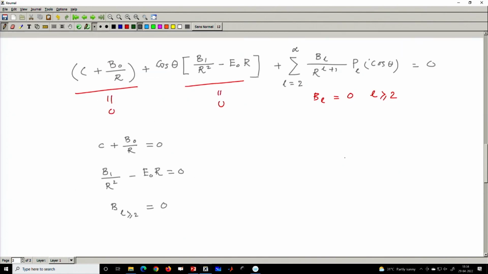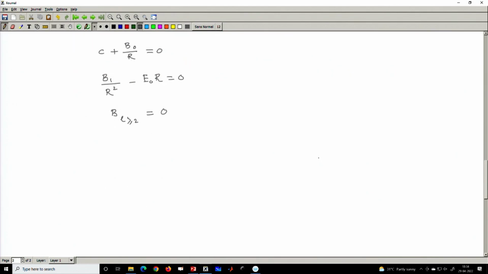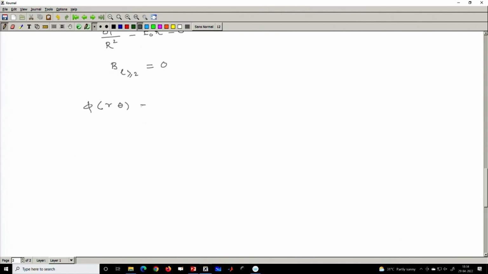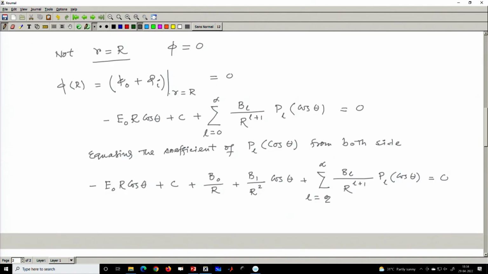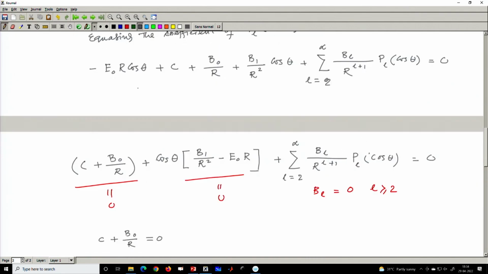In this kind of problem, in most of the cases you find that initial few terms are there, but rest of the terms are normally 0. So, if that is the case, I simply have my phi r theta to be phi 0 plus phi r.